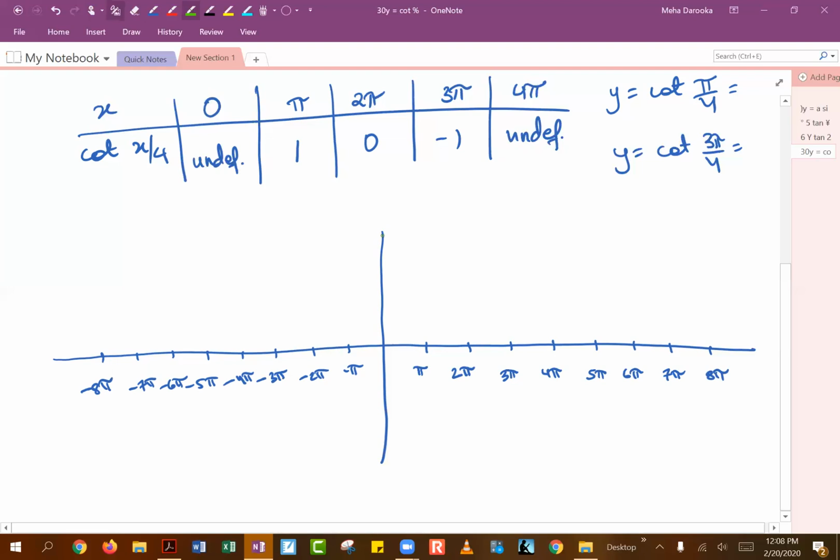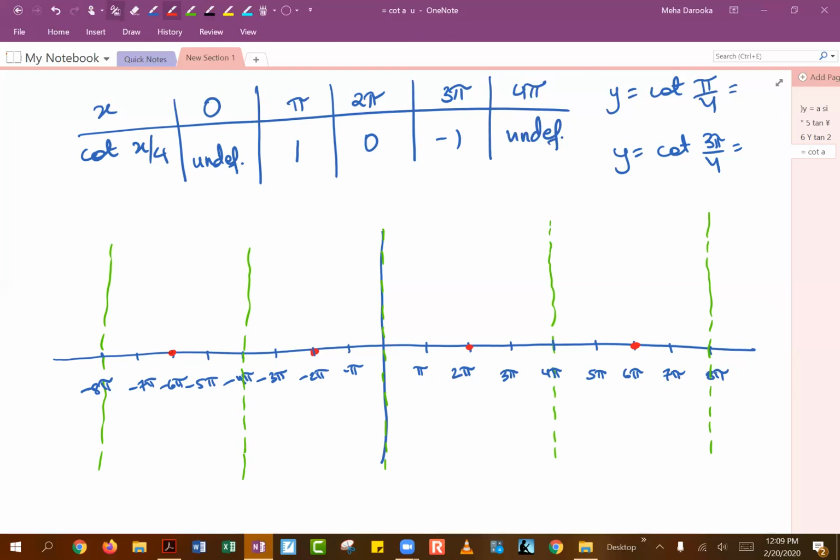Okay, so since I actually have an asymptote at x equals 0, which is actually that y-axis, right? At 4 pi, 8 pi, negative 4 pi, then let's see, at 2 pi, we have our x-intercept, which means your next intercept would be at 6 pi, right?